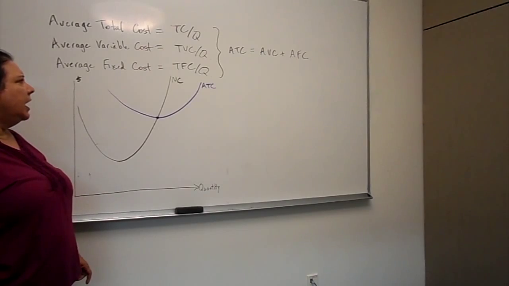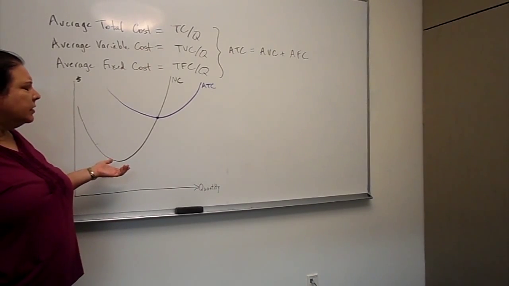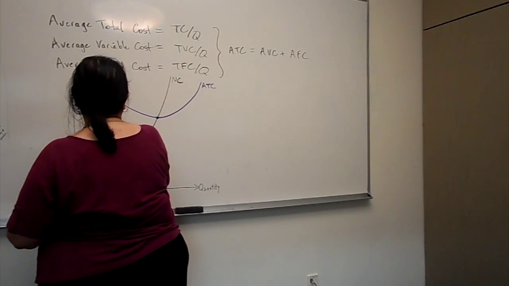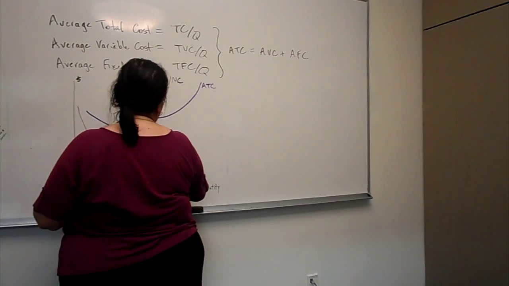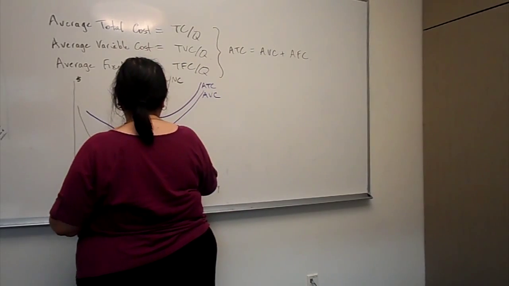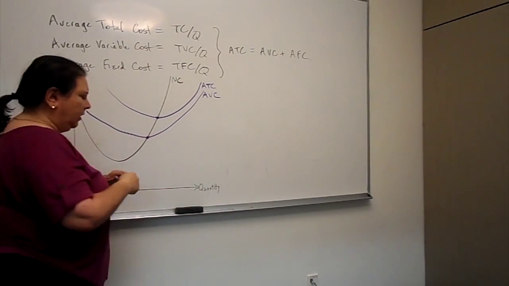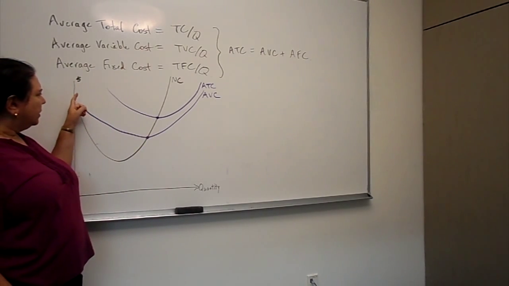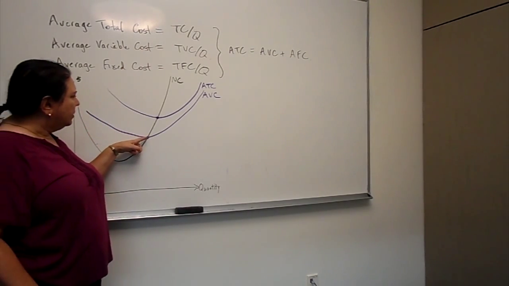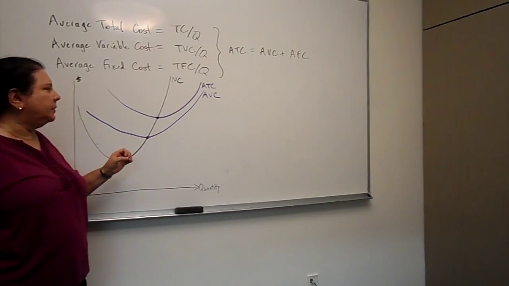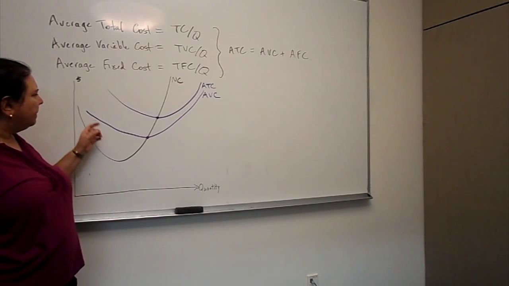Okay. Now, average variable cost looks the same. It looks like this. Okay. So again, the average variable cost comes down, comes back up, looks like a U shape. Again, it's because of diminishing returns.